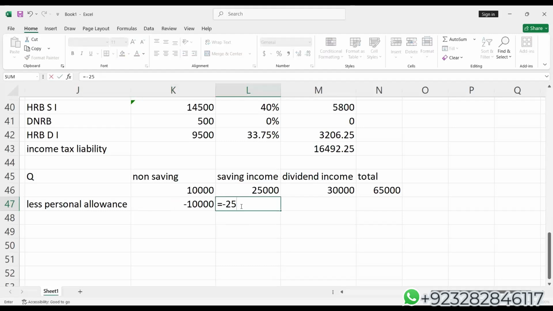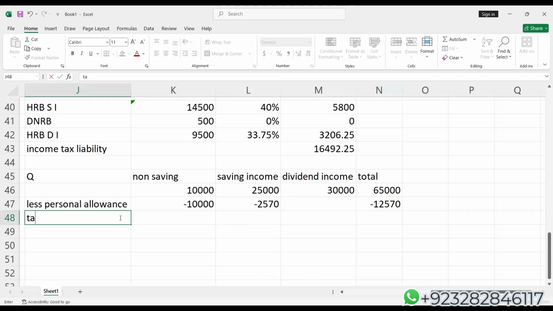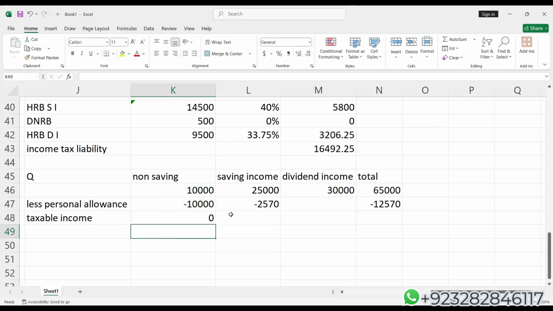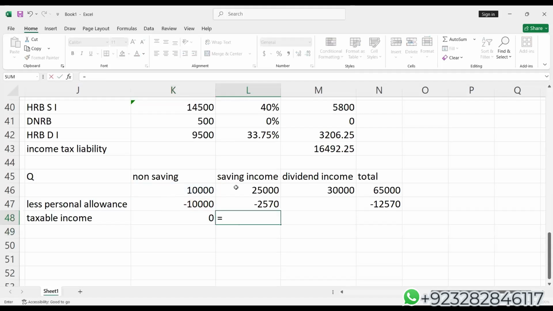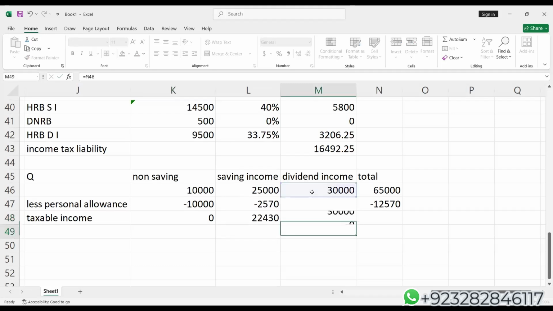Can I say 2,570 from here? Okay. Taxable income. But you people should have tried this, seriously. 10,000 plus this, it becomes 0. 25 minus this. 65,000 plus this.